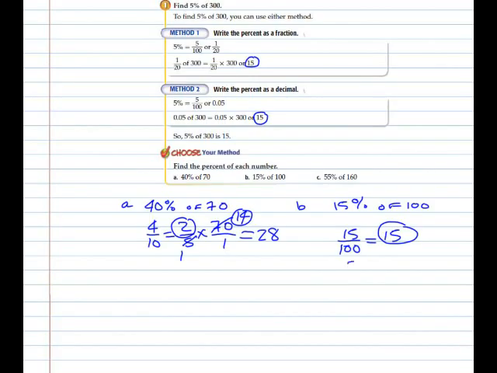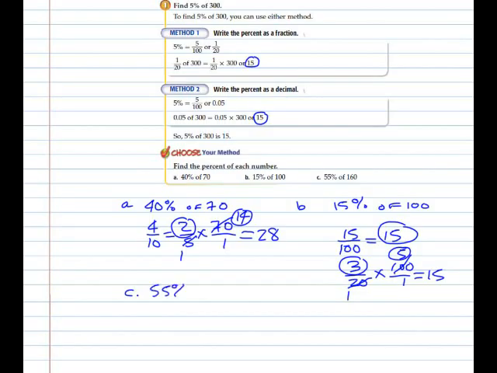Now, we could show that as multiplication if you want. We could simplify this to 3/20. We could take that times 100. We could simplify here, dividing them both by 5, or by 20, I should say. And then 3 times 5 is 15.